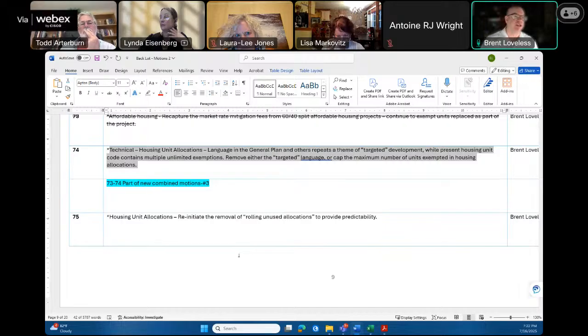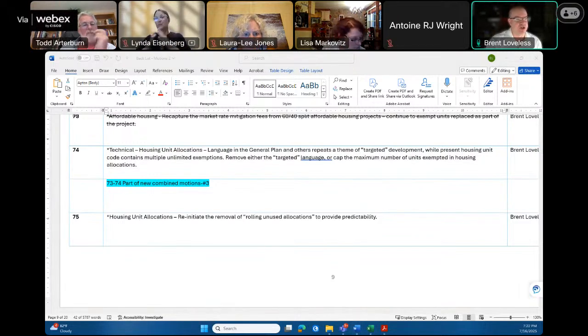Let me repeat that in plain language. This is saying we have a target of X number of houses per year, let's say 2,000. However, we have processes which allow unlimited exemptions, meaning that it's not a target. It's highly variable depending on what's inputted.